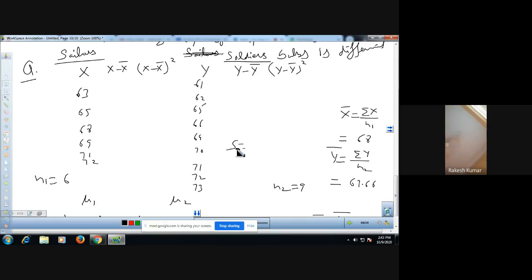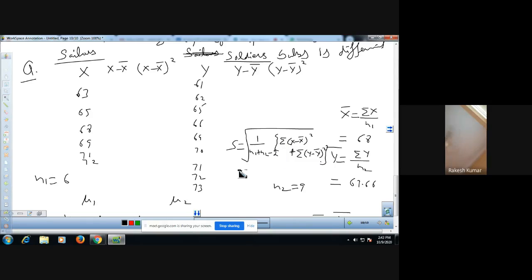And the formula for calculating S is the square root of 1 over n1 plus n2 minus 2, and inside this is sigma x minus x bar whole square plus sigma y minus y bar whole square. So we need to substitute.